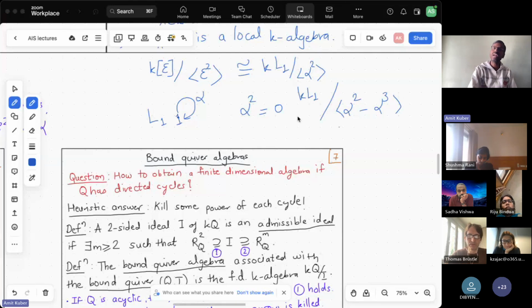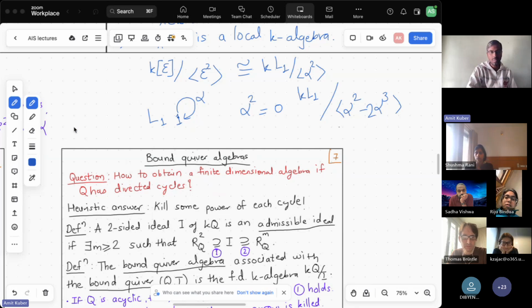Whenever I see alpha cube, that is nothing but alpha square. Or if you want, you can also write minus 2 alpha cube. You can talk about anything like this. And such things are relations, but there is a proper terminology for relations.